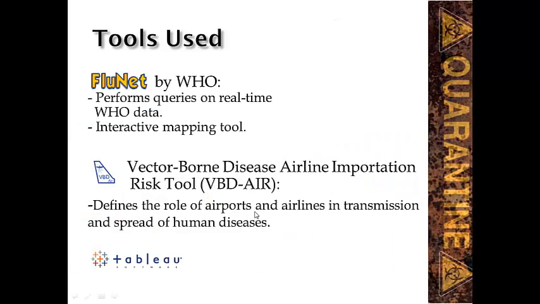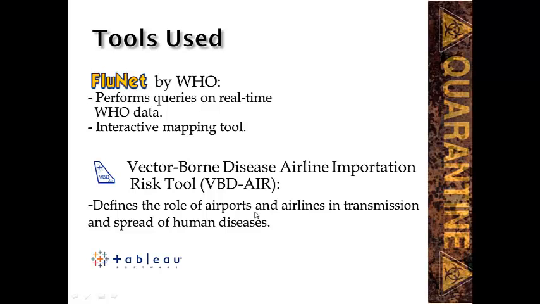The tools which I have used for this project are FluNet by the World Health Organization. It's an interactive information and mapping system. It's used for bringing together for analysis and comparison standardized data and statistics for infectious diseases at country, regional, and global levels. There is also a tool I have used called the Vector-Borne Disease Airline Importation Risk Tool.